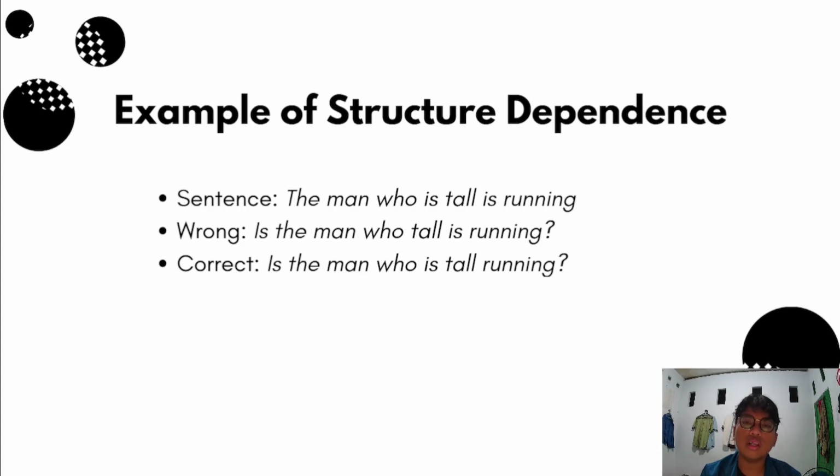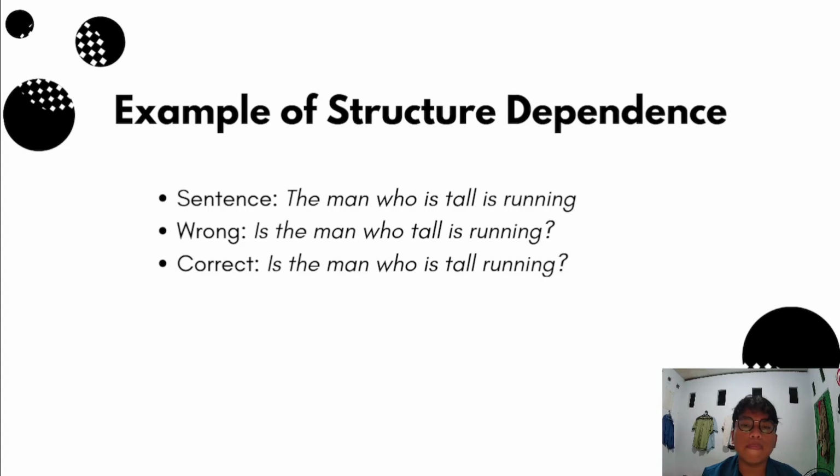Sentence: the man who is tall is running. This sentence contains two instances of is. One belongs to the relative clause who is tall, and the other is the main verb in the main clause. Second, wrong: is the man who tall is running.